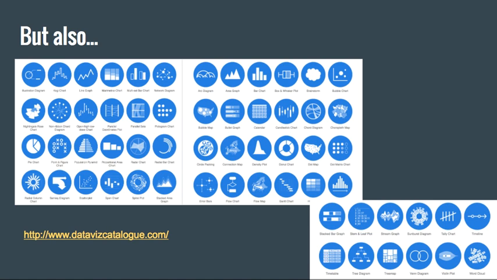So there's a link here to the Data Visualization Catalog, which outlines a lot of different kinds, although again, not every kind, and tells you when you would use them, why you would use them, what they show, and what kinds of data you might use with each different kind of graph. So I encourage you to check out this website.